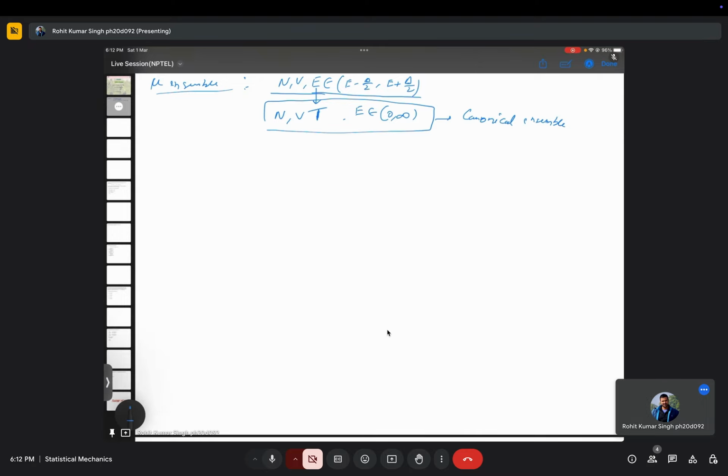So an ensemble is basically mental copies. You make copies of the given system, and all of these copies have different microstates. A microstate is denoted by omega.